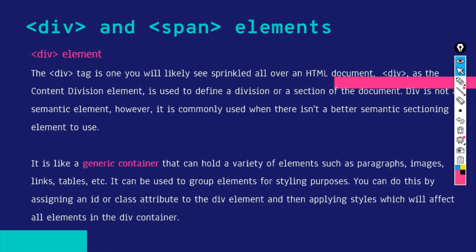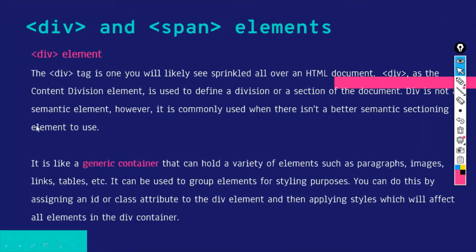So div and span elements. The div tag is one you will likely see sprinkled all over an HTML document. The div, as the content division element, is used to define a division or a section of the document.